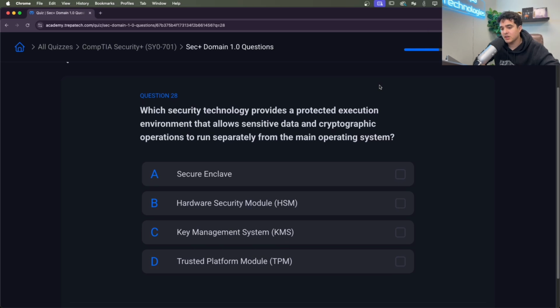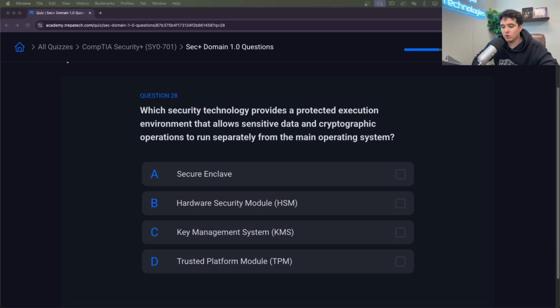Question 28. Which security technology provides a protected execution environment that allows sensitive data and cryptographic operations to run separately from the main operating system? So what we're saying here is we're doing cryptography on a dedicated hardware appliance that's not a part of the actual operating system.